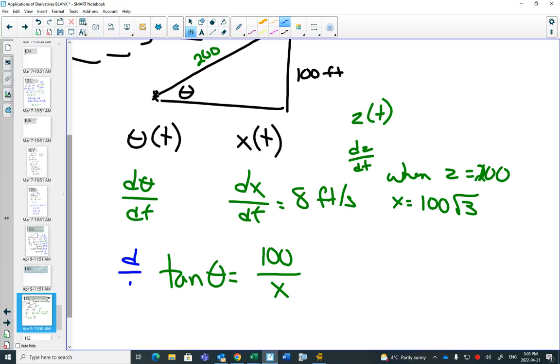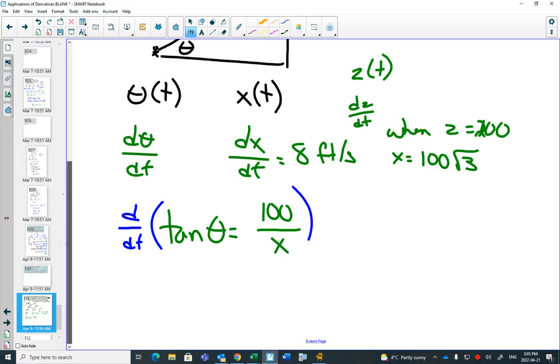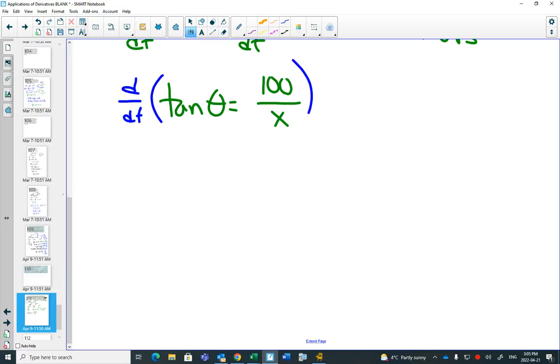Take the derivative with respect to time of this. Angle questions often have tan, so you get secant squared theta times d theta dt equals, I would think of that x as an x to the minus 1.